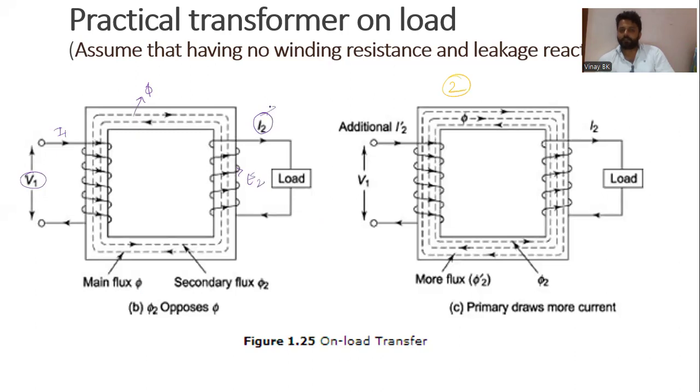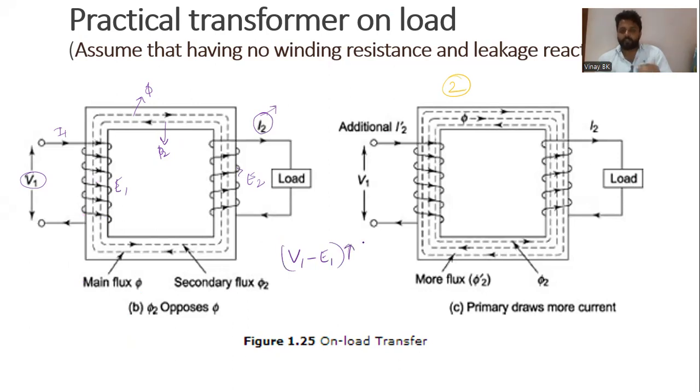Due to the induction of this current I2, the secondary winding of the transformer also produces its own flux, that is phi 2, and the direction of this phi 2 is opposing the direction of the main flux, due to which the difference between the self-induced EMF and the supply voltage, that is V1 minus E1, is going to increase.